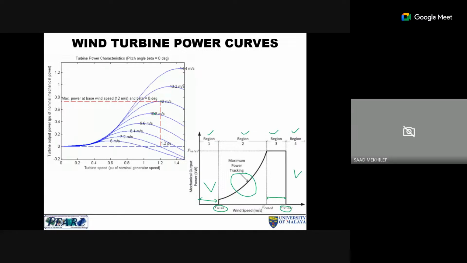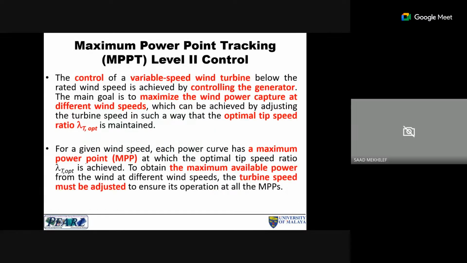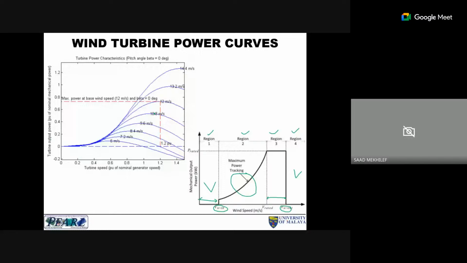That's why in this region there is a need for the MPPT to work to extract the maximum power, because the power will be variable and changeable. I think that's important. So the maximum power point tracker is actually located in level 2. I think we have seen that here.